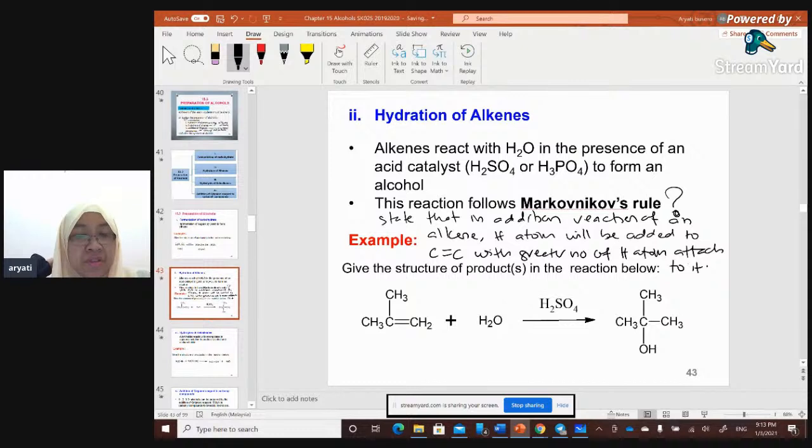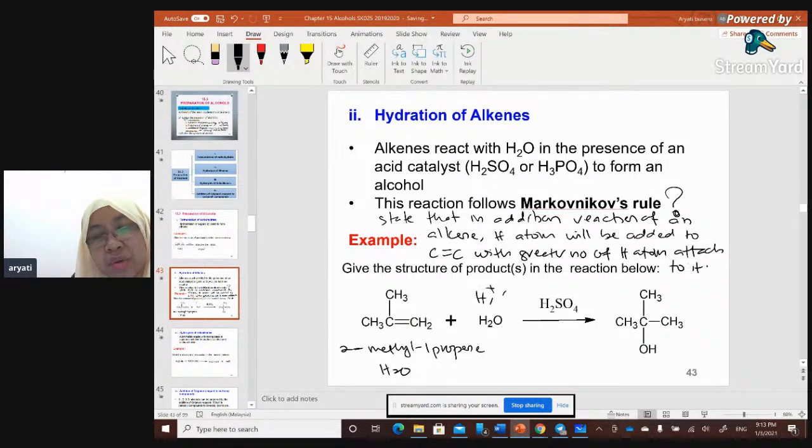Okay, so for example, you have an alkene, 1, 2, 3, so this is 2-methylpropene, so you will add H plus and OH minus.